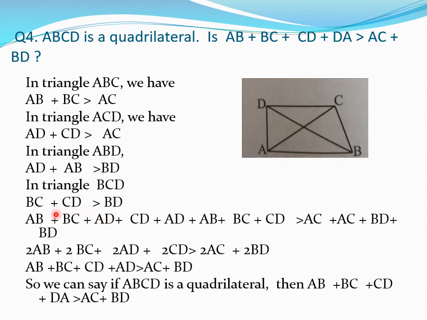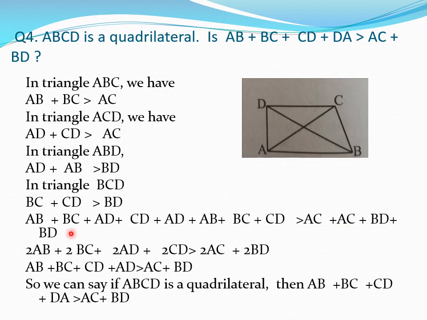So adding, here AB we have 2 times. BC, BC 2 times coming, and AD we have 2 times. Similarly CD and CD also we have 2 times. So every side is coming 2 times. So we can write it as 2AB plus 2BC plus 2AD plus 2CD. See the right side, AC plus AC, we have 2 times AC.